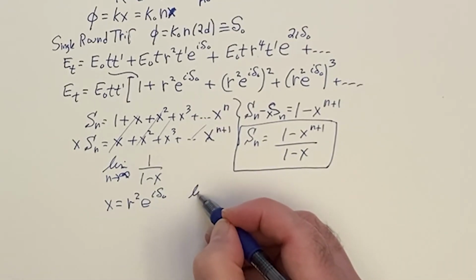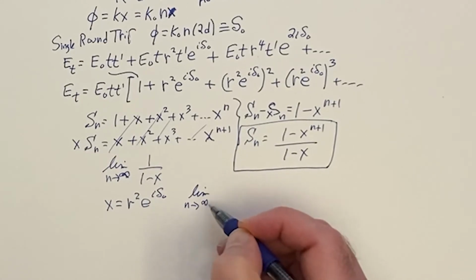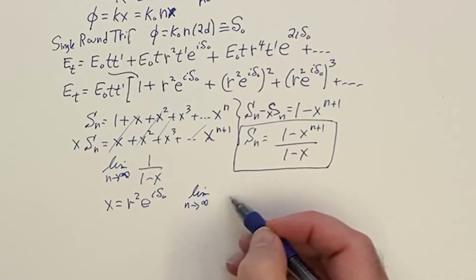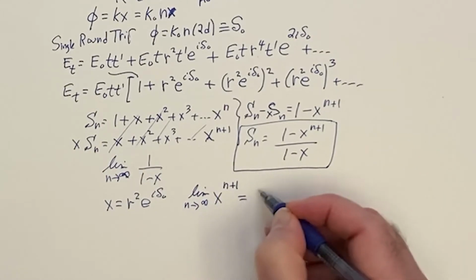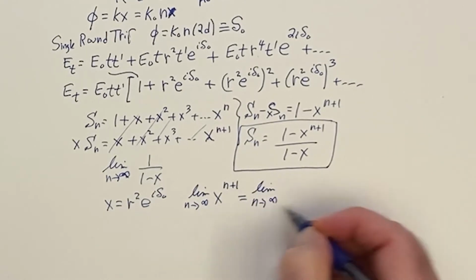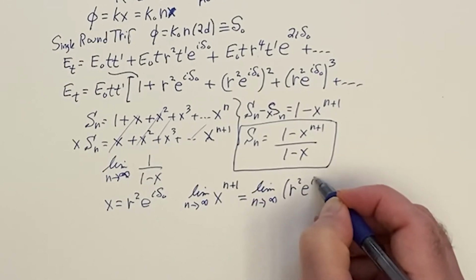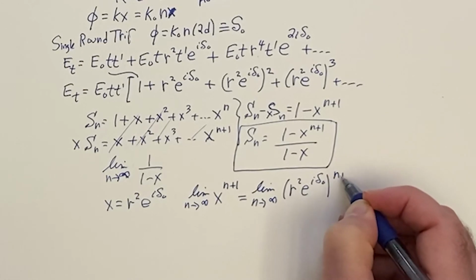So we said before, if n goes to infinity, and you raise this to the nth power, x to the n plus 1, what's going to happen there? So let's do it. If n goes to infinity, and you have r squared e to the i delta naught to the n plus 1 power.